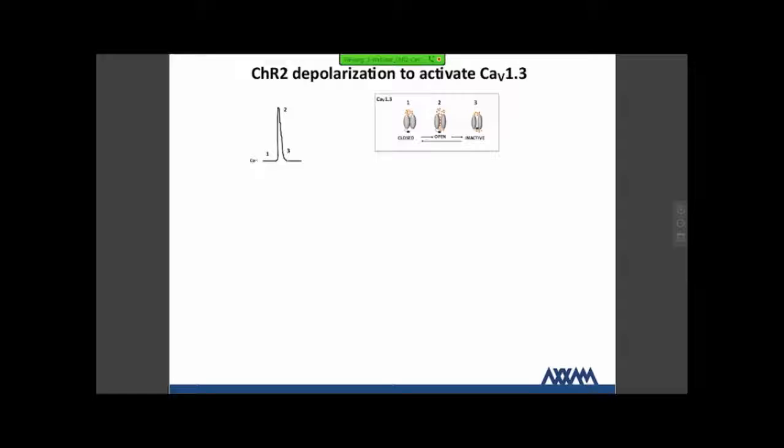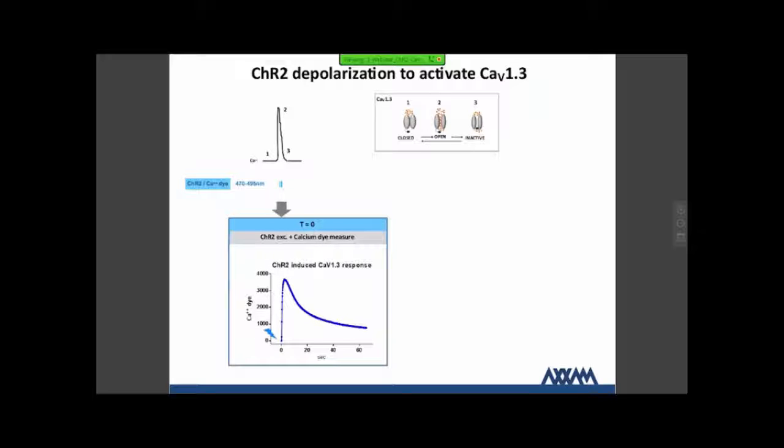This cartoon is just to remind you the cycling of the Cav1.3 channel between the different states. So when we applied a blue light stimulation to activate the channelrhodopsin, this was used simultaneously to measure the fluorescence of the Calcium-6 fluorescent dye.